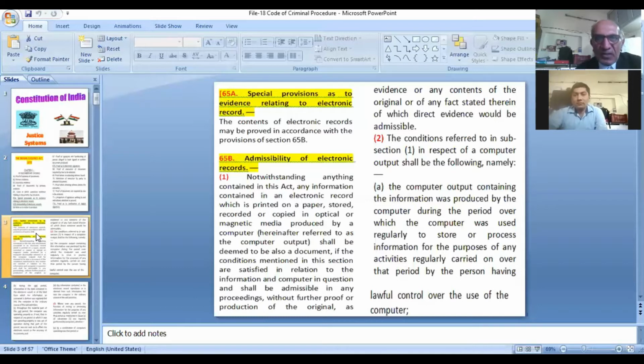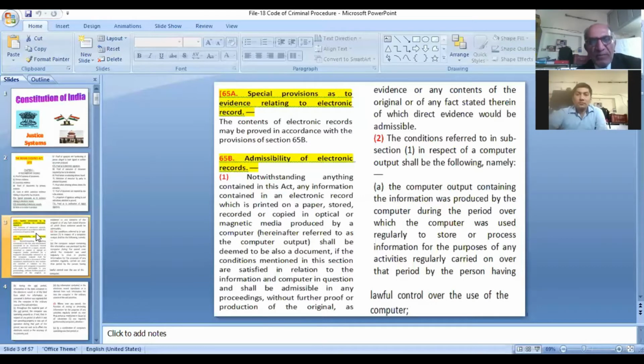Therefore, electronic record as such becomes one class with respect to which special provisions are being made. And these provisions are to prove the contents of such record. This provision takes us to section 65B.